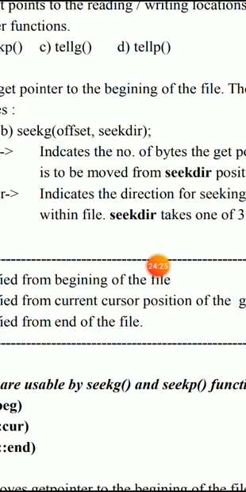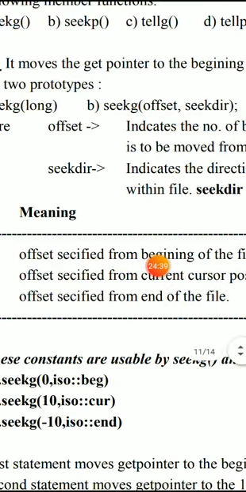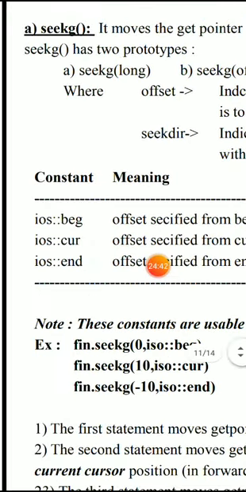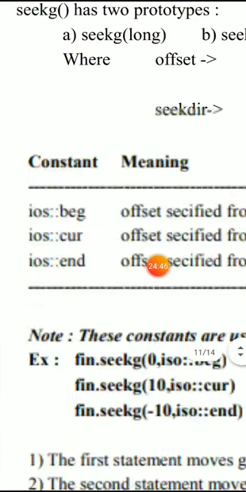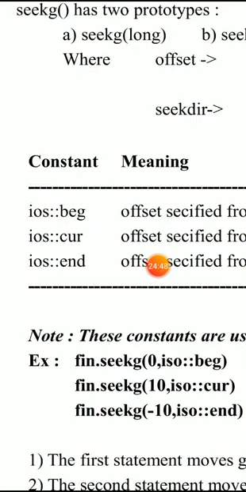The seek directory position is a constant, given in the table below, and its meaning is given here. The constants are ios::beg, ios::cur and ios::end.